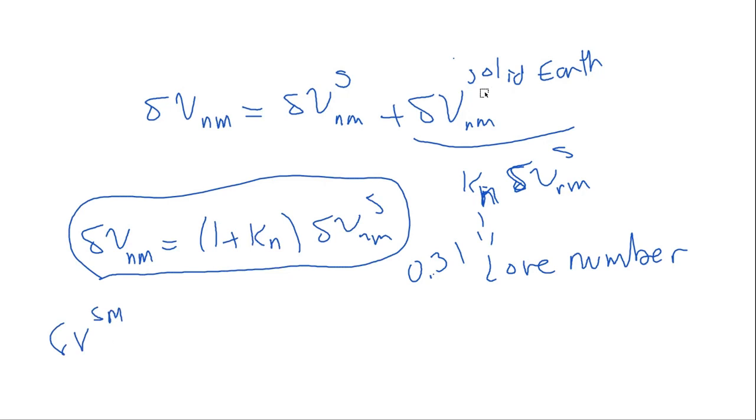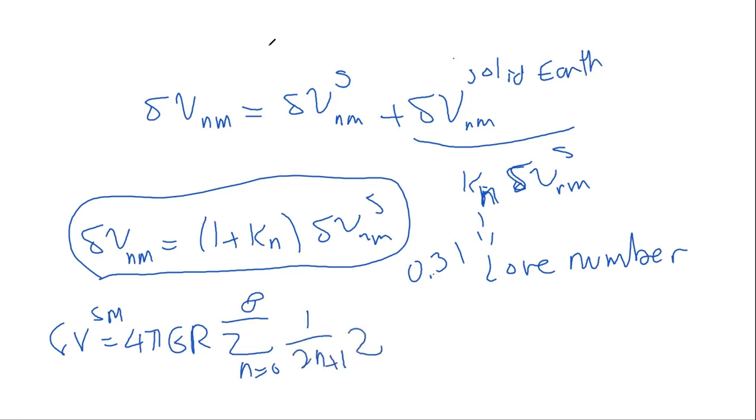Surface mass changes was, if you remember, 4 pi g r, summation, 1 over 2n plus 1, summation m minus n, and then we had delta rho nm.